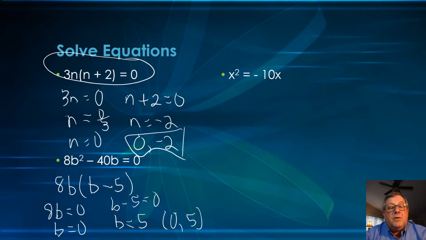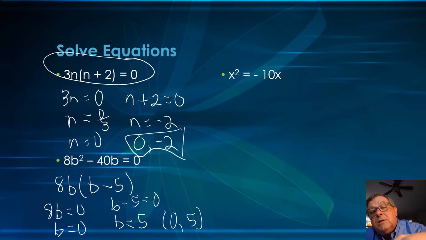So if b is 0 or if b is 5, it's going to make that equation true. Now, in this third one, I've got x squared equals negative 10x. And what I need to do there, I've got to get this equation set to 0, and I can do that by adding 10x to both sides.